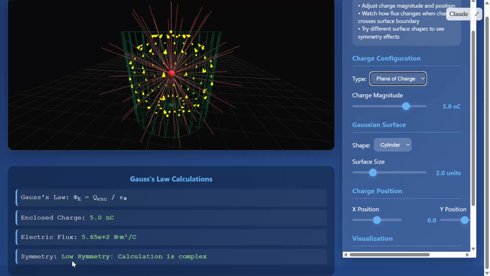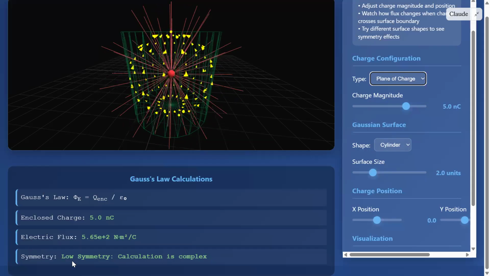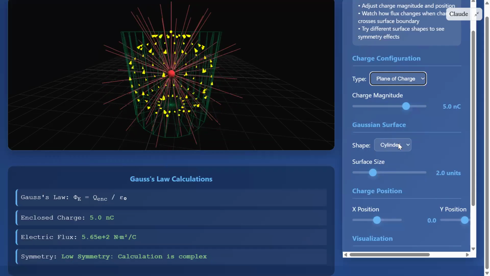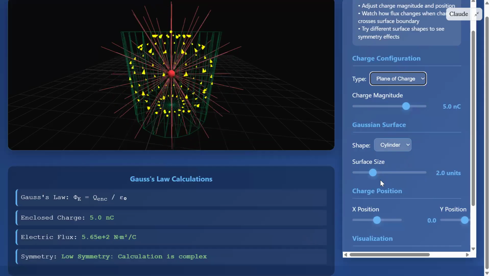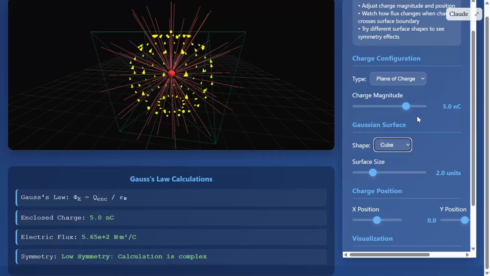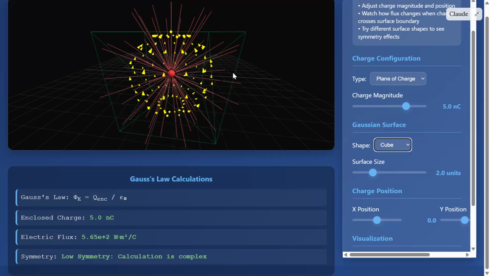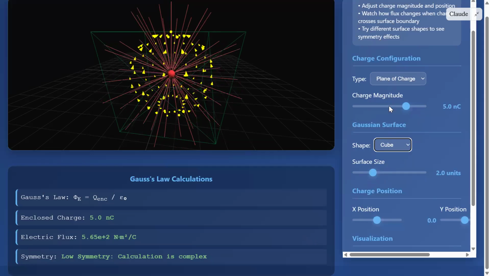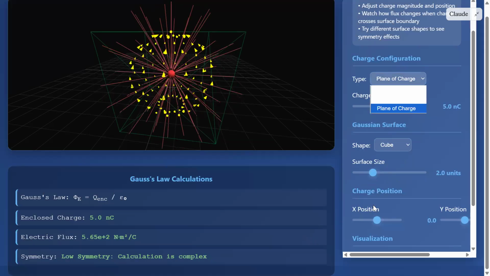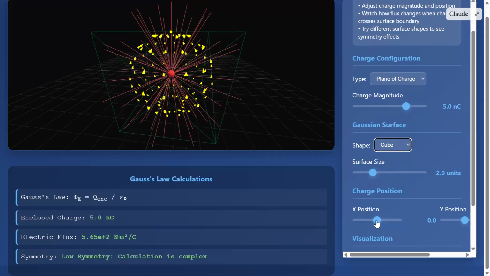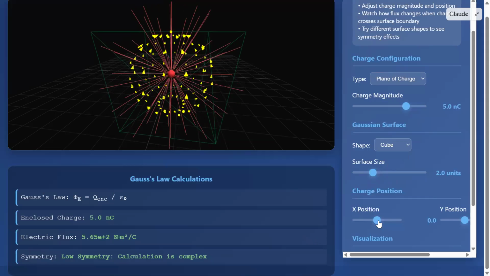Here you can see low symmetry, calculus is very complex. So in that case, for a plane of charge, we can choose a cube. You have to move the charge to find the high symmetry position.